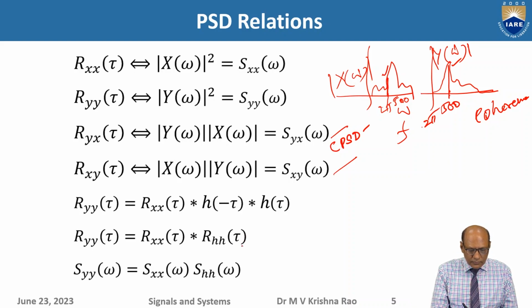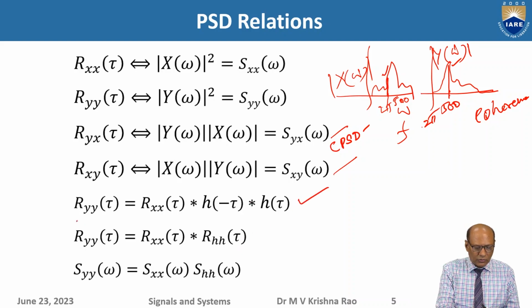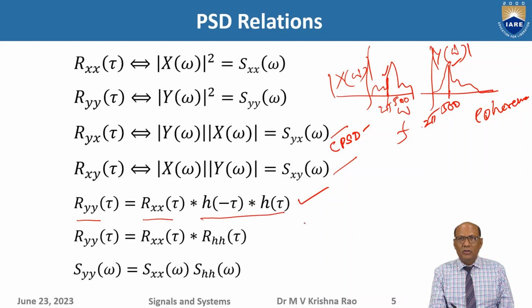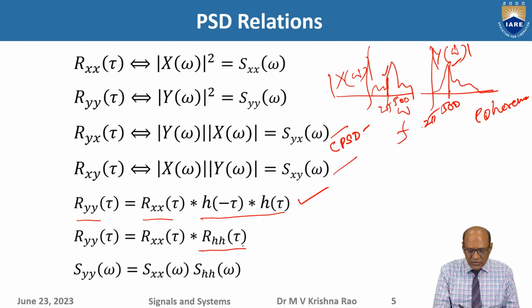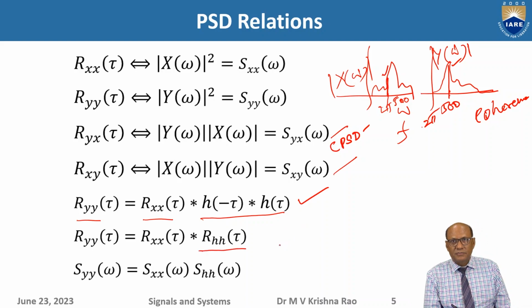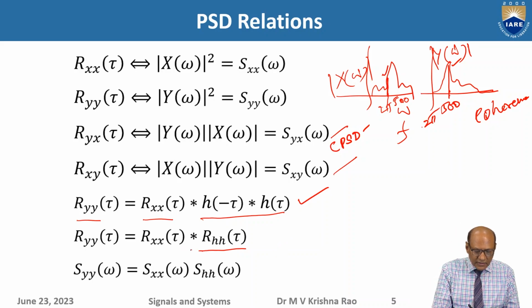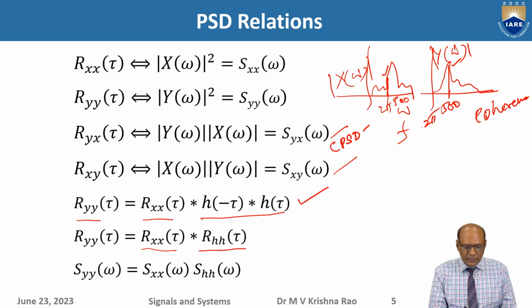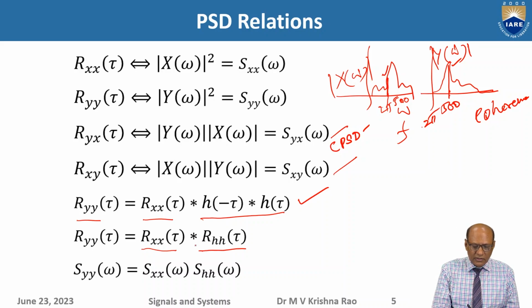Now let us consider this tiny equation, the relation between output autocorrelation function and input autocorrelation function through convolution. The output autocorrelation is equal to the convolution of the input autocorrelation function and the autocorrelation function of the impulse response. So these are related with the convolution operator.